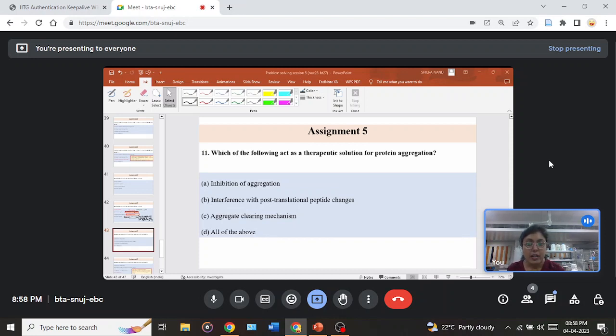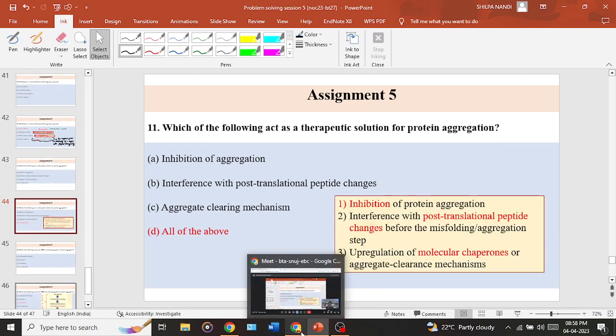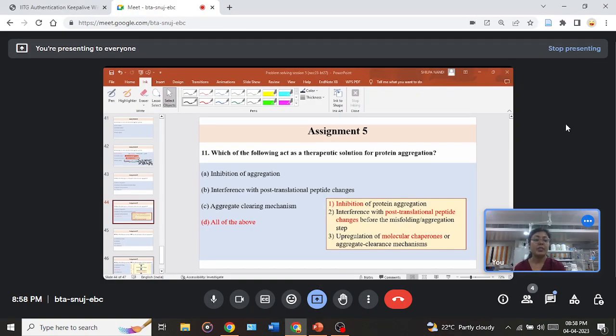I already got the answer from Amardeep, as he said the answer is D. So we will see whether he is correct or not. Yes, the correct answer to this question is option D, that is all of the above.